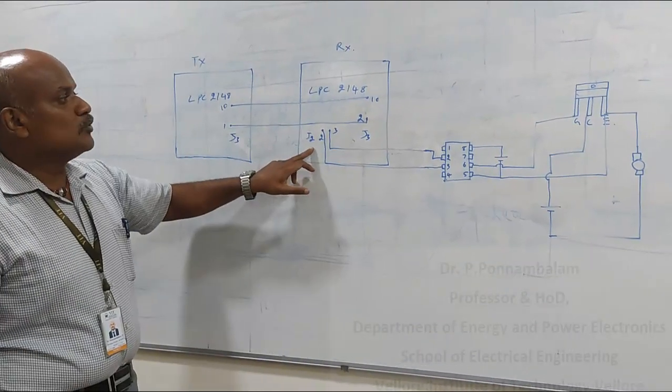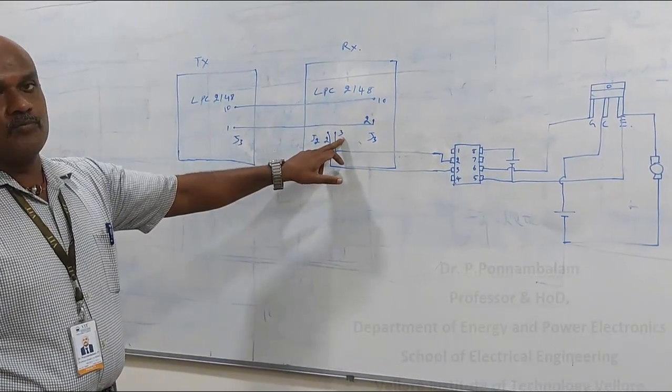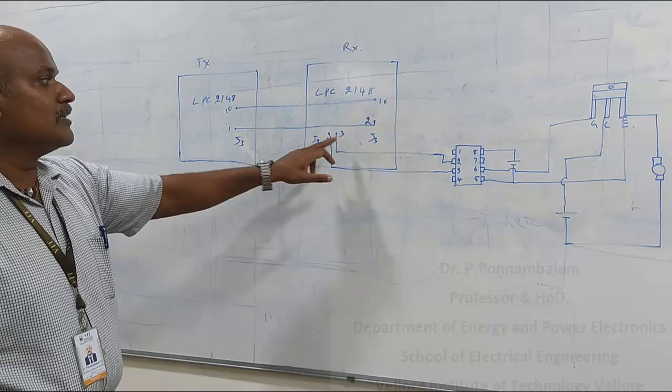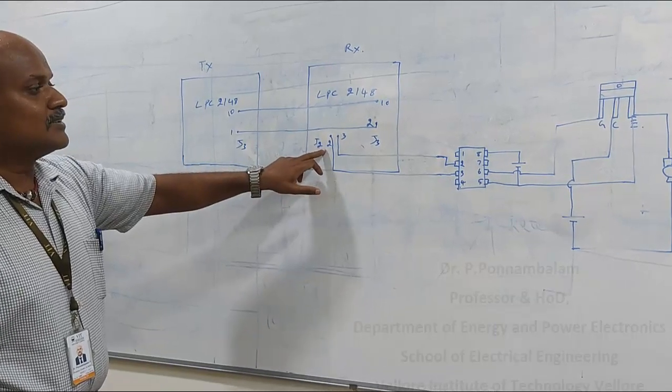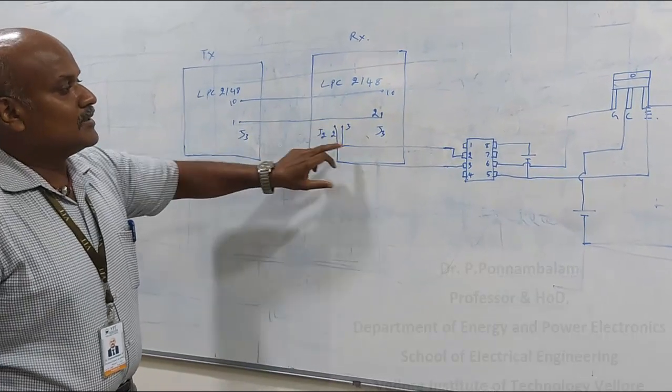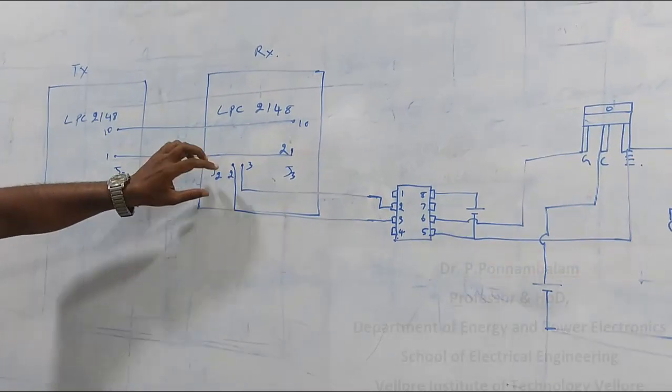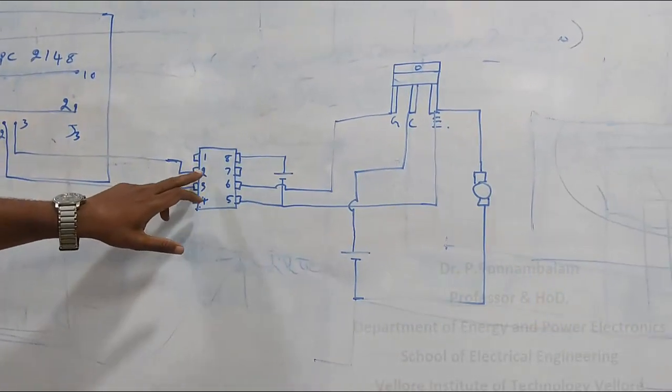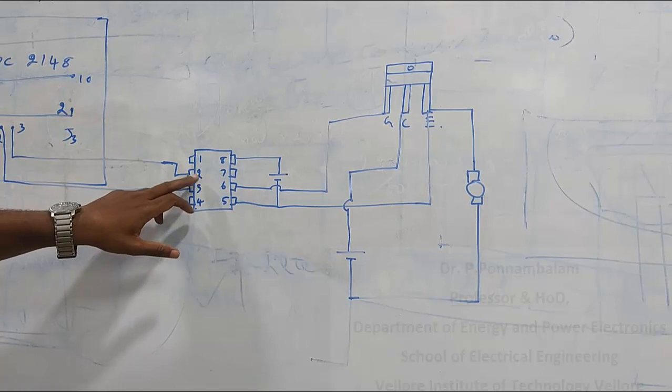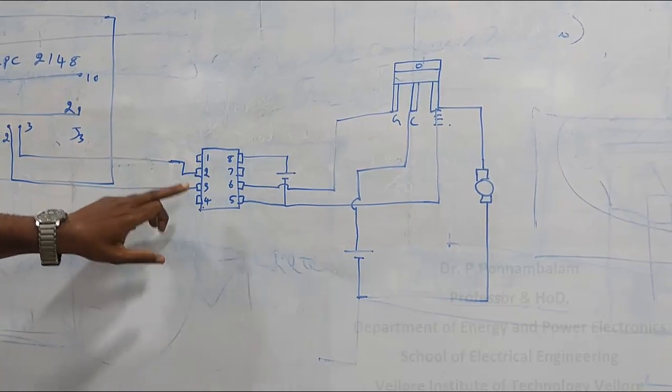Then in J2, the third pin is the positive of PWM and the second pin is the negative. So this third and second pin in J2, I am connecting to the optocoupler TLP350 at the second and third pin.